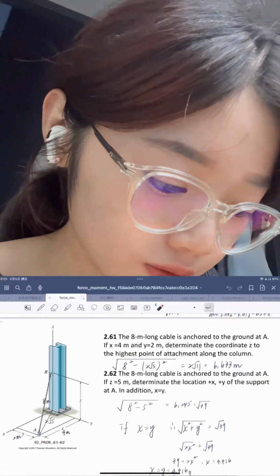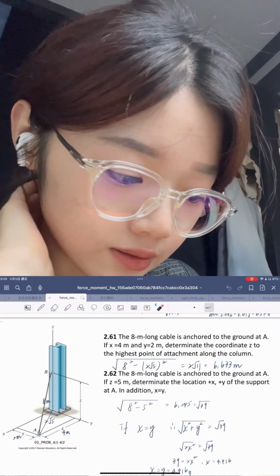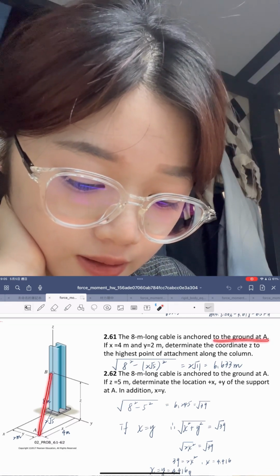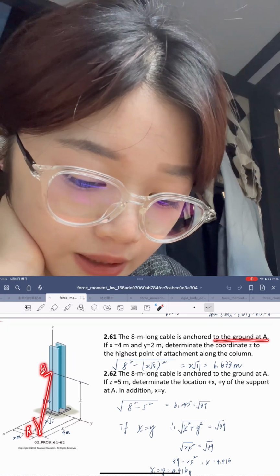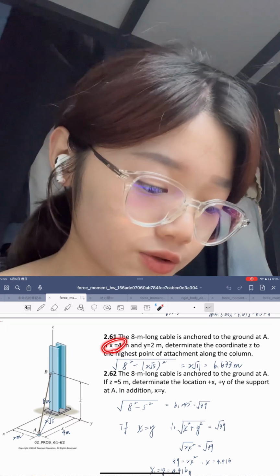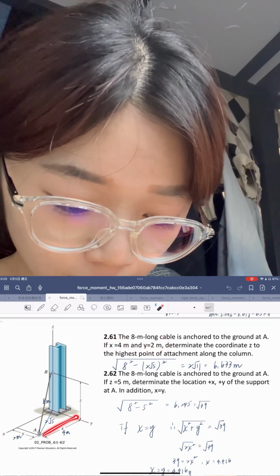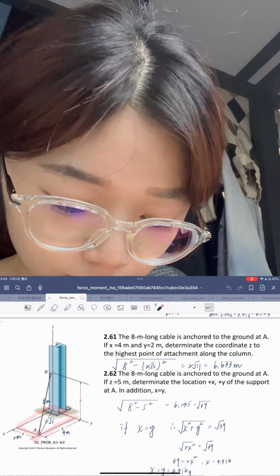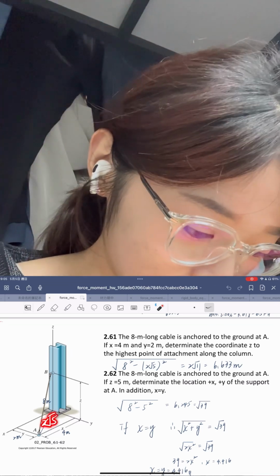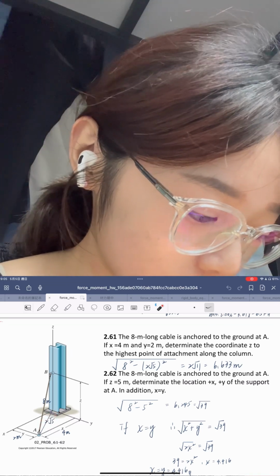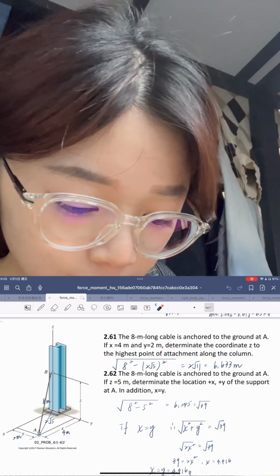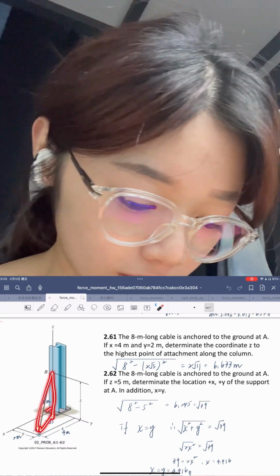And the question 2.61 has to know as the cable is anchored to ground at A, so we know the AB length with 8 meters, and if X equal 4 meters, Y equal 2 meters, and we will write it, and we know the rectangle with the line is 2 root 5, so and the questions told us the highest point of attachment along the column, so we know it is simple for the 90-degree triangle.